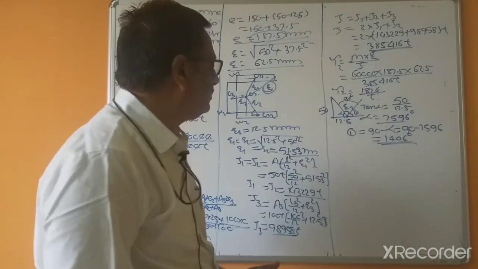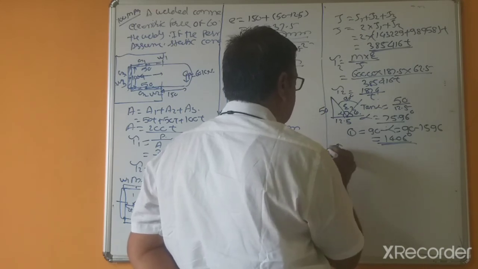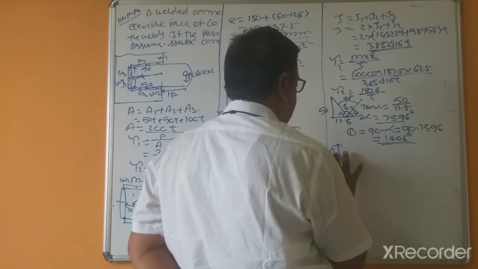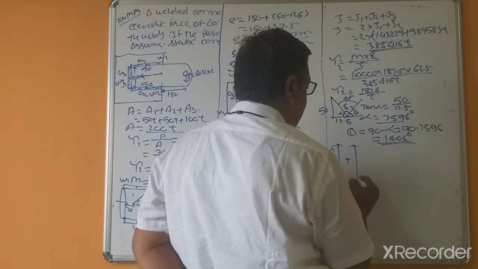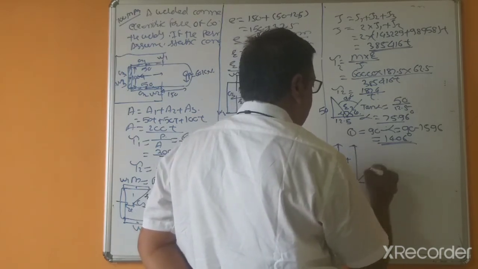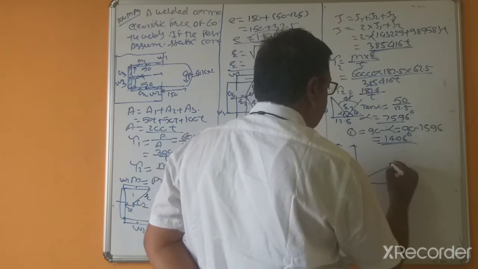This is clear? That's why directly I can write this tau 1 plus, now vector addition, and this angle is very small.